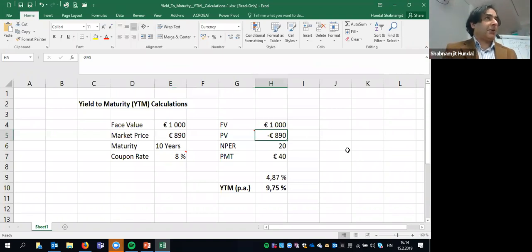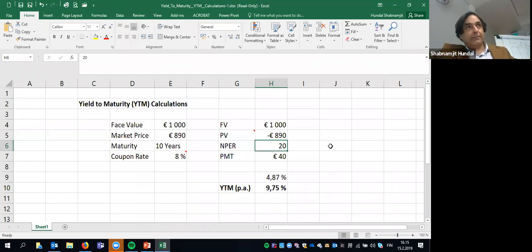It could be that you're not doing well in the market. It could be even more than 1,000, like in your case, it was more than 1,000. Let's say the number of periods are 20. Why 20? Because I assume that the interest will be paid after every 6 months. So during this 10 years, there are 20 periods. Generally, the interest rate is calculated after 6 months, not for the full year.